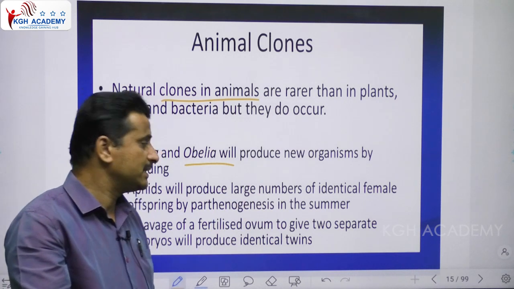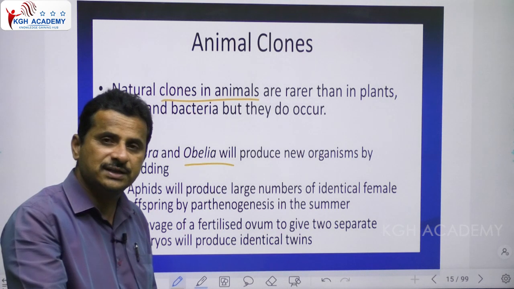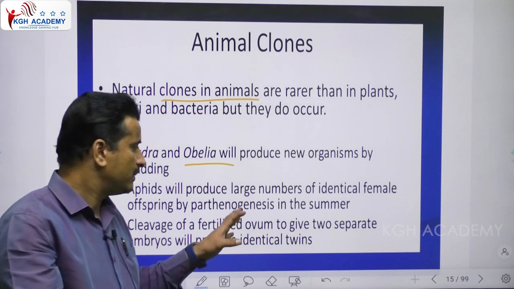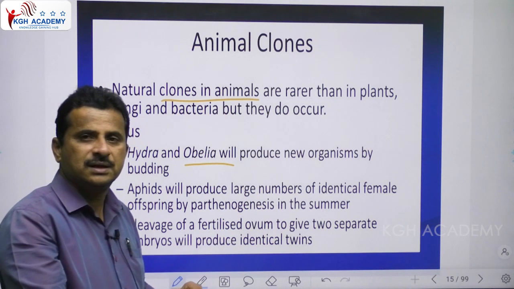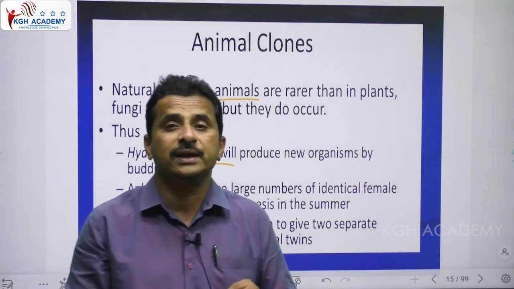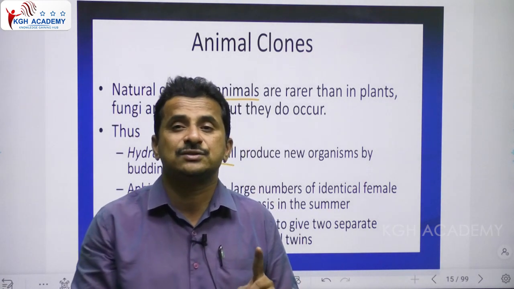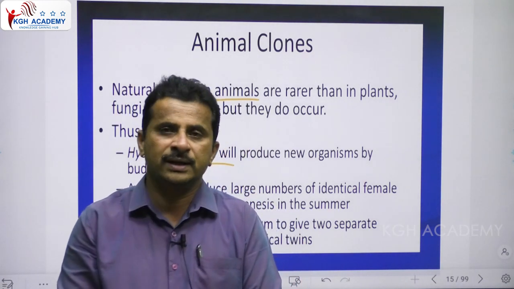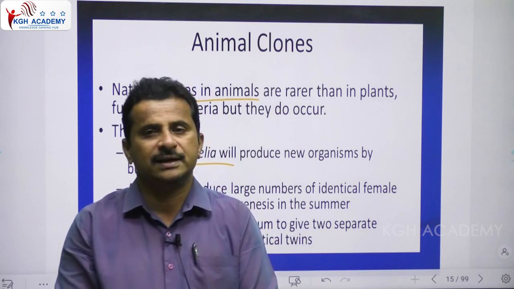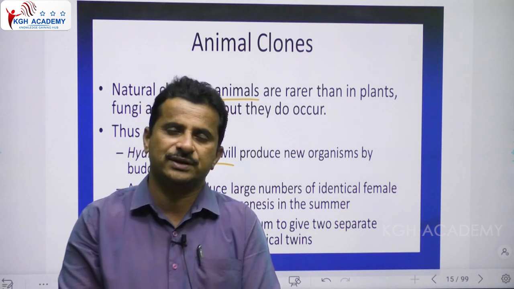Parthenogenesis means virgin genesis: without fertilization, organisms are produced. Without fertilization means they look the same. That's why cloning in animals is called asexual reproduction. Cloning in any animal, particularly higher animals, is equal to asexual reproduction.